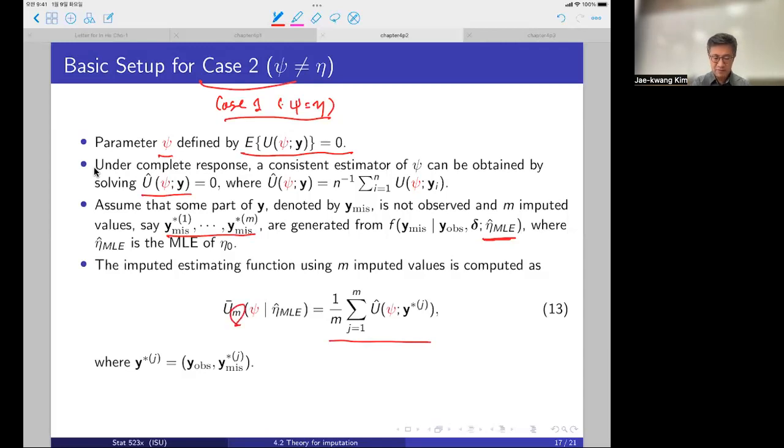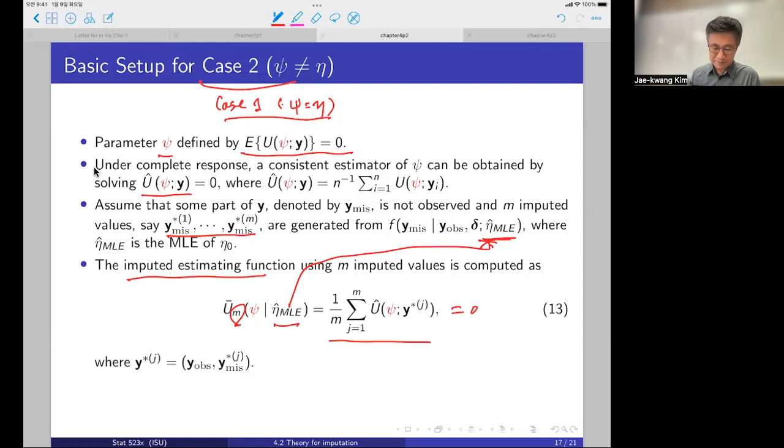M refers to the Monte Carlo sample size, and the second argument, eta hat MLE, means that the sample is generated from the model at eta hat MLE. So this is the imputed estimating function, and then we set it to zero and solve for eta. That will be the imputation estimator.